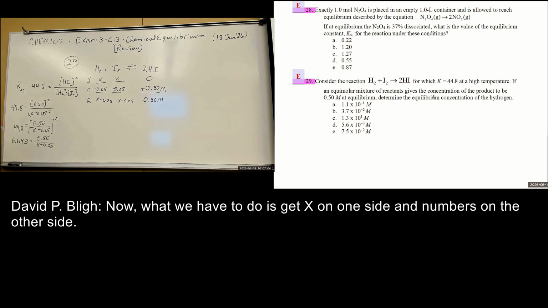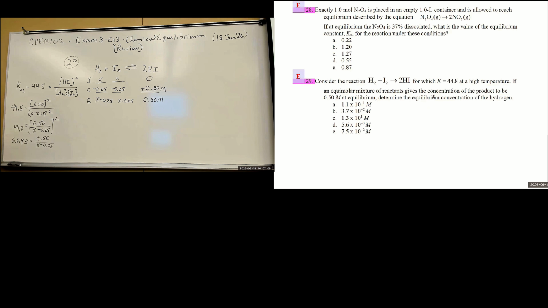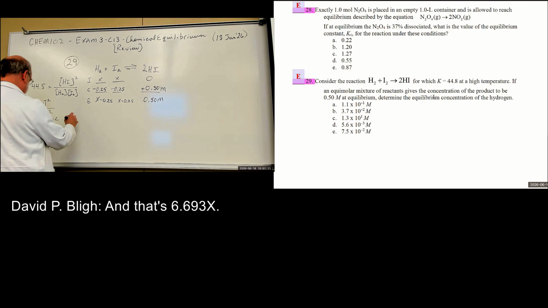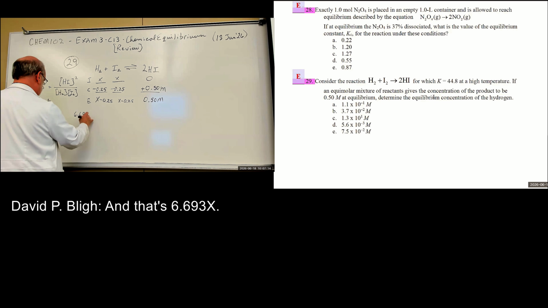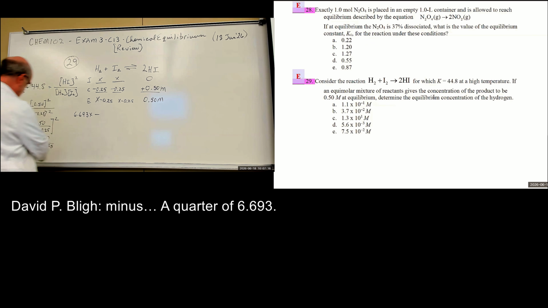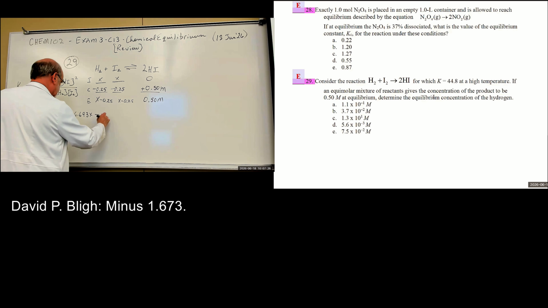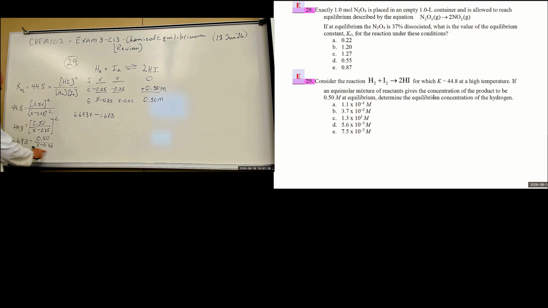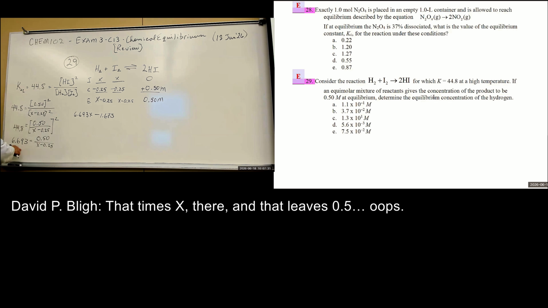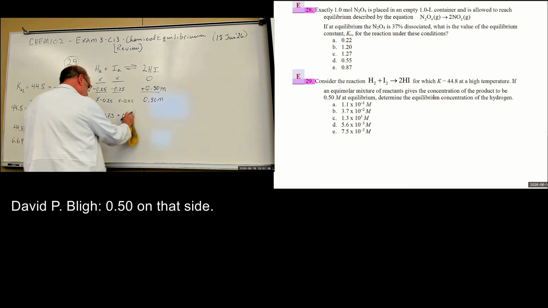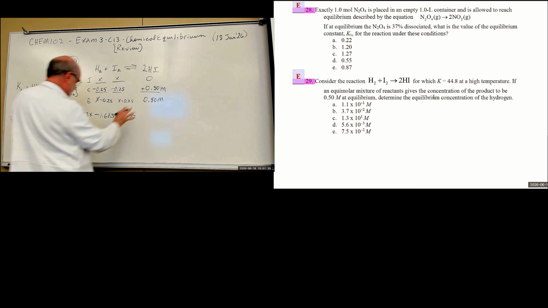Now what we have to do is get X on one side and the numbers on the other side. So let's bring X minus 0.25 over to this side. That's 6.693X minus a quarter of 6.693, which is 0.25 times 6.693, that's 1.673. That leaves 0.50 on that side.